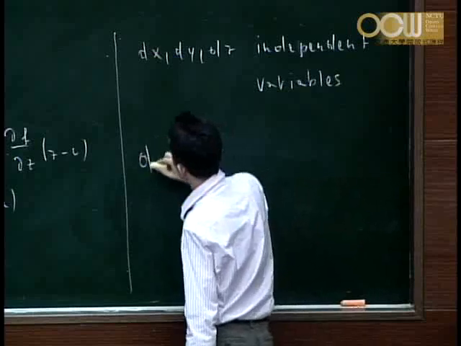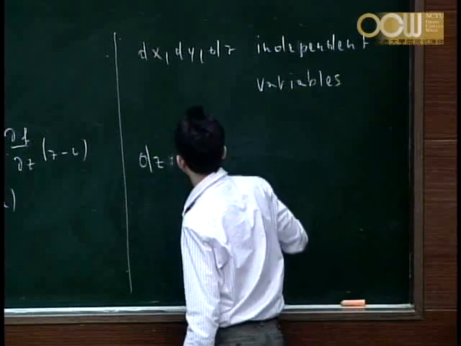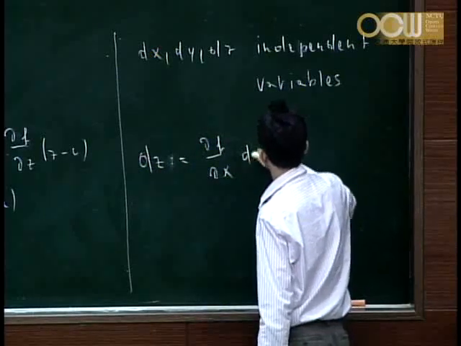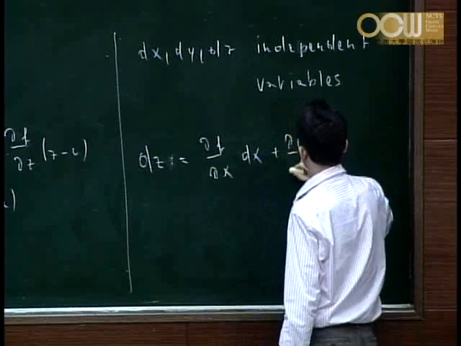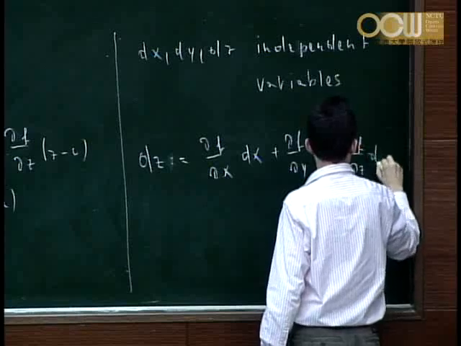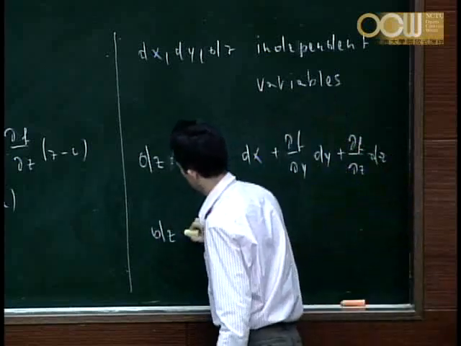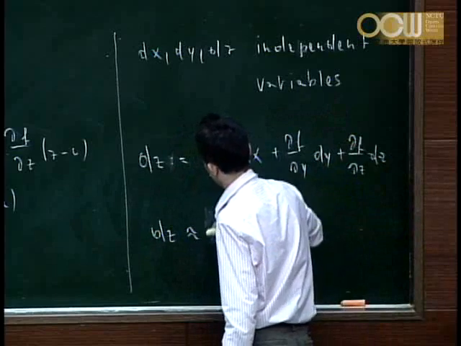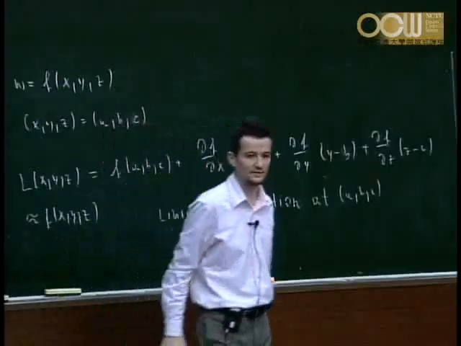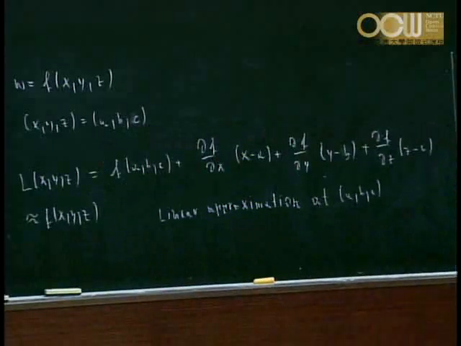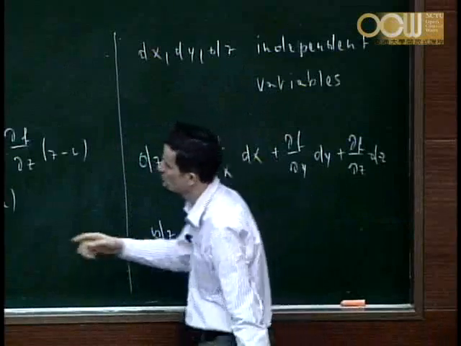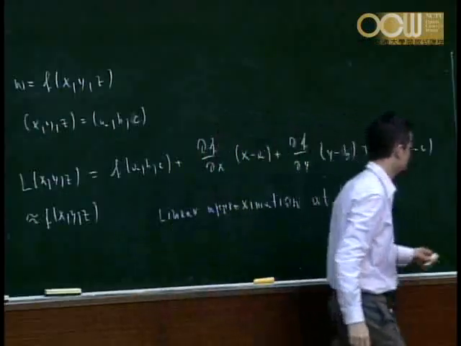And then we define dw, and this is the definition, as the dependent variable, which is the partial derivative of f with respect to x times dx, plus the partial derivative of f with respect to y times dy, plus the partial derivative of f with respect to z times dz. But actually this just means the same as this here, just in a different language. So this should not be confusing for you, okay? Because it's more or less the same. You just introduce some new notation and rewrite this slightly differently as this here.